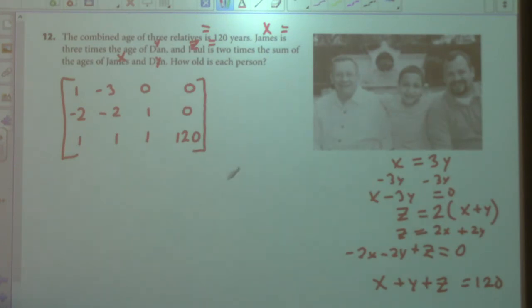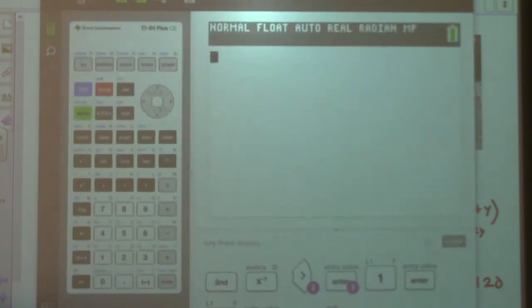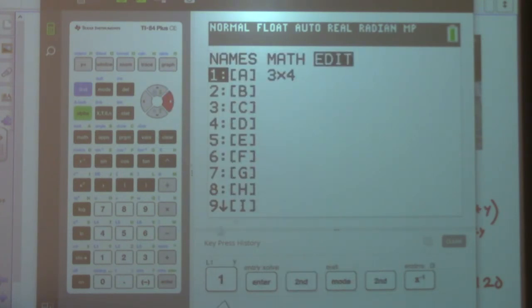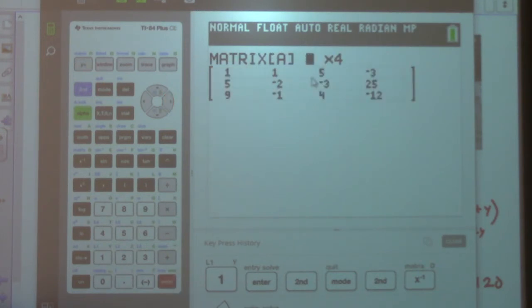And then to solve using an augmented matrix, you go to your calculator, and you get that by pressing second matrix, and we go over to our 3 by 4 matrix edit, 3 by 4. That means we have 3 rows and 4 columns.